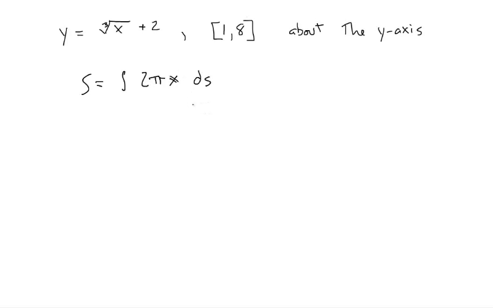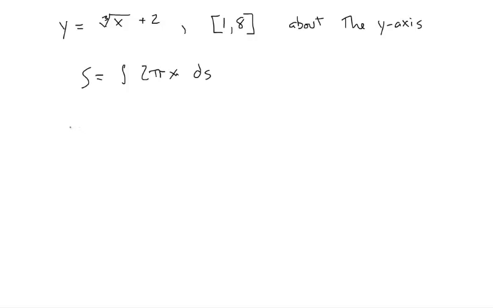And again, I'm going to calculate the ds inside the square root part first. So the first part I want to find is dy dx, and that is equal to 1/3 x to the negative 2/3.